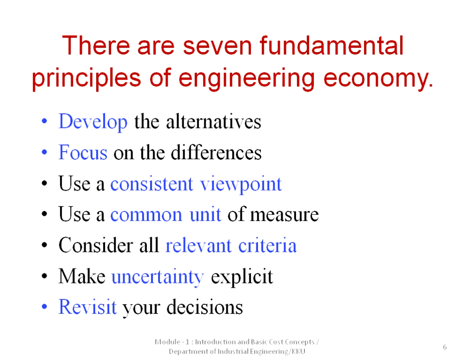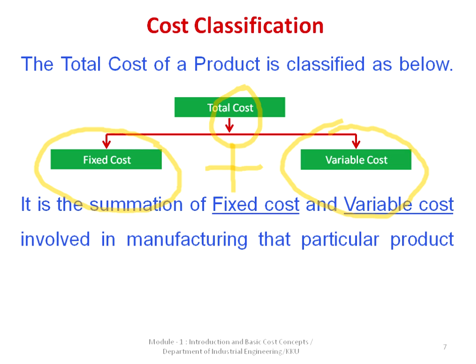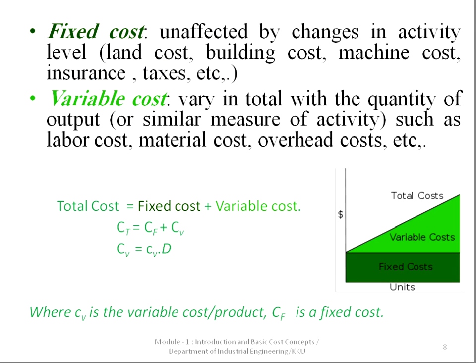Now let me tell you what is fixed cost. I'm taking the pointer to show you clearly. This is a cost. Cost, you know very well, is an expense, an expenditure, or a cash outflow from a system. So what is a fixed cost? From the name you can understand the cost doesn't change.